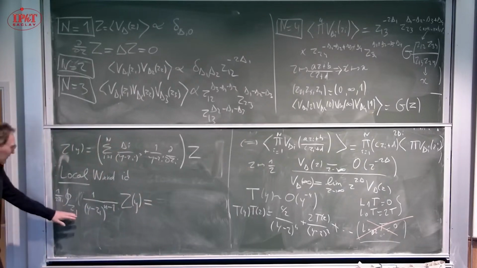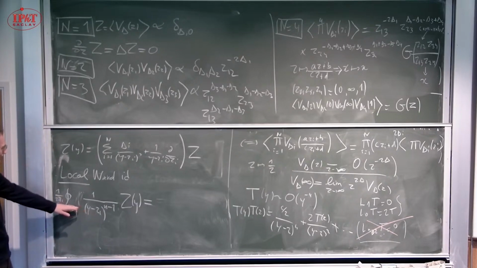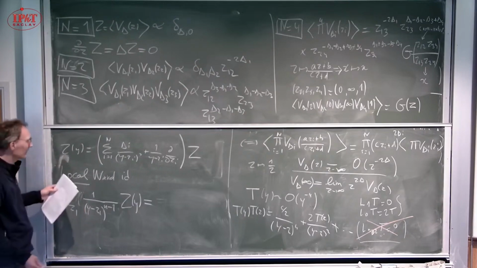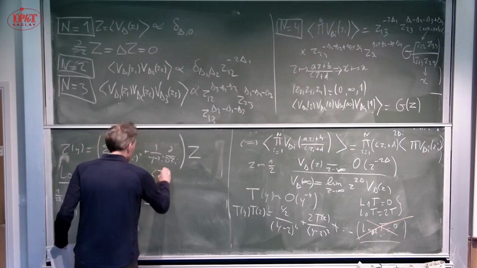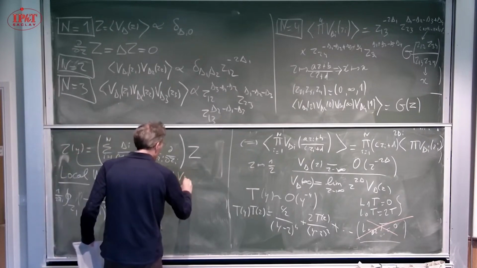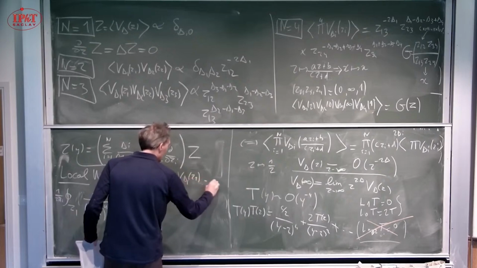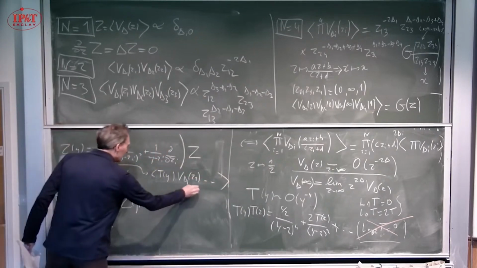Either I close the contour around Z1, in which case I have to use the OPE of T of y with V_Δ1 of Z1.